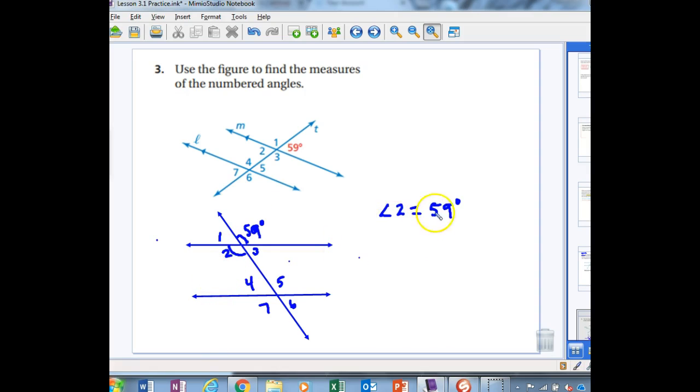So angle 2 and angle 4 are vertical angles. I know that angle 2 is going to be congruent because they are vertical. So I could say that angle 2 is congruent to angle 59 because it's a vertical angle.